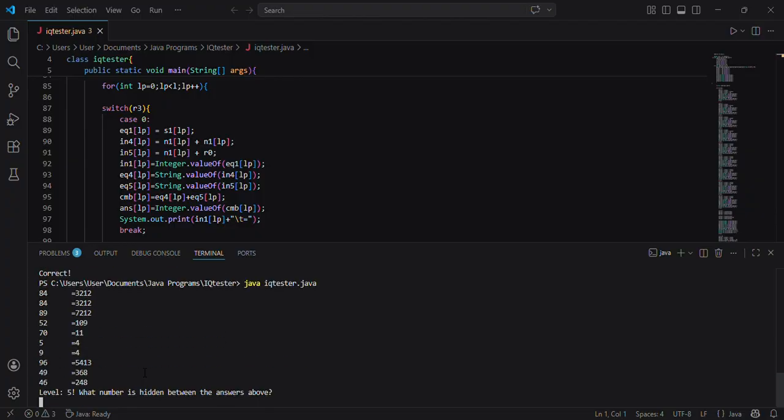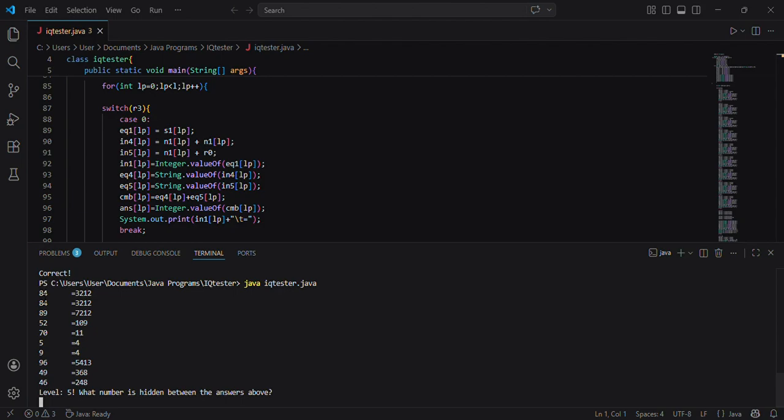Now here it is asking me for the secret number, which is hidden. Let's see how we find that secret number. First of all, if we calculate the digit by itself, we see 8 plus 8 equals 16, and no, it is not 32.